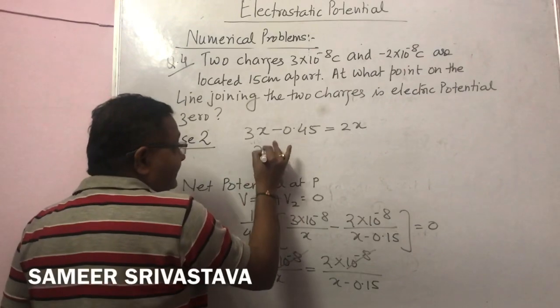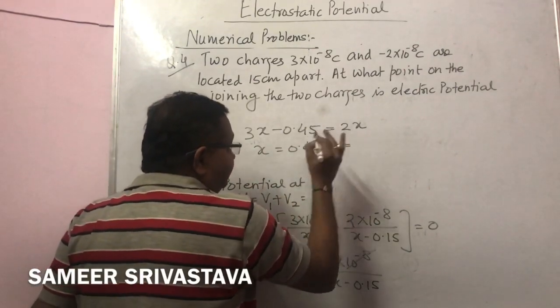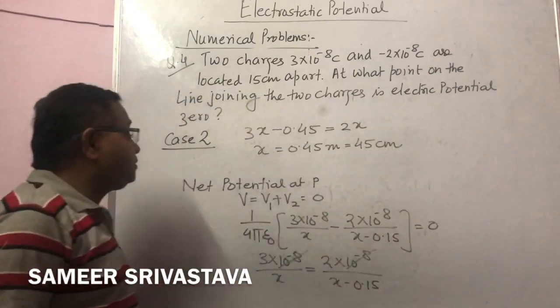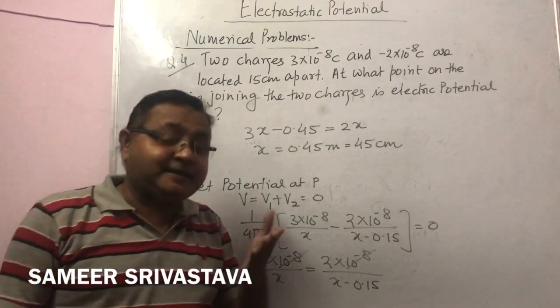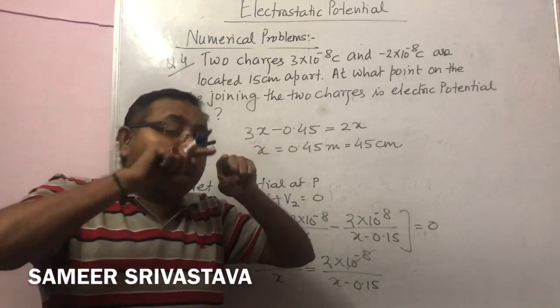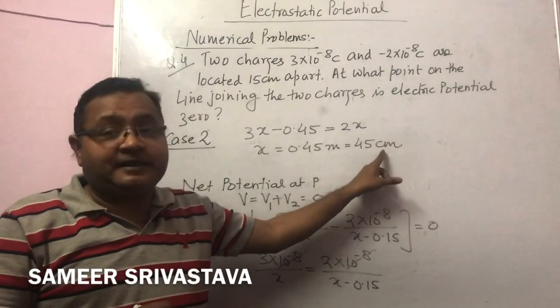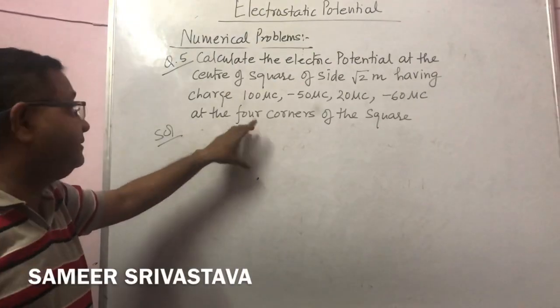So here we get x is equal to 0.45 meter, or we can say 45 centimeter. So in this question we have two cases. Either the potential is 0 at 9 centimeter between the two charges, or outside, at the point 45 centimeter, the potential is again 0.